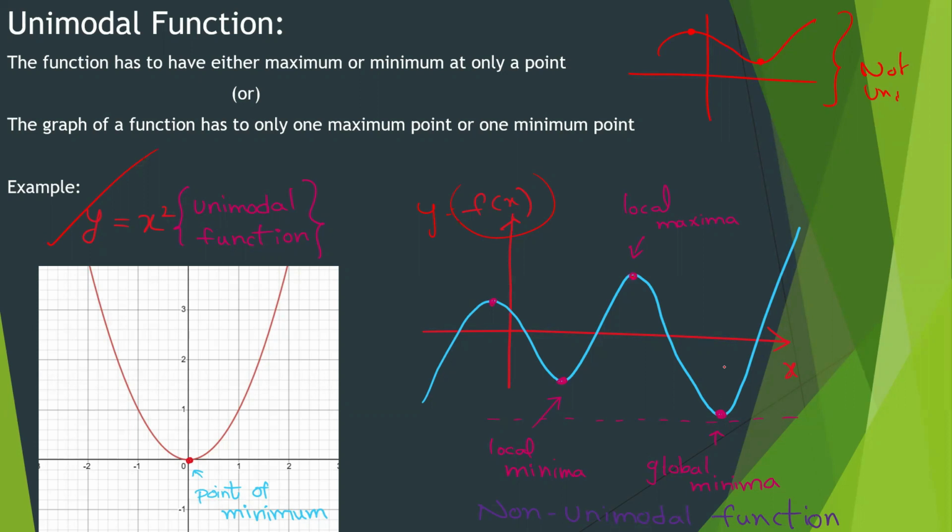The only difference is global minima is the minimum value of the entire domain or entire function, basically. But local minima is minimum for some range of x. Take this x range from 0 to some value. This is the minimum value in that range. But if you take the entire domain, the minimum value is this one. That is known as the global minimum.